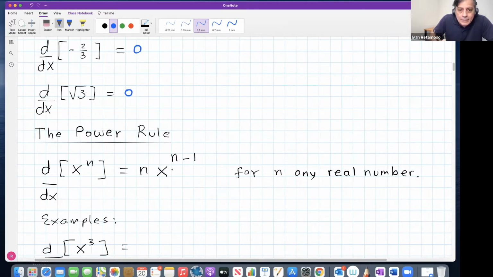What, Professor? How did I figure this out? Well, there is a formal proof for this, but I can give you an idea how mathematicians figured this out.